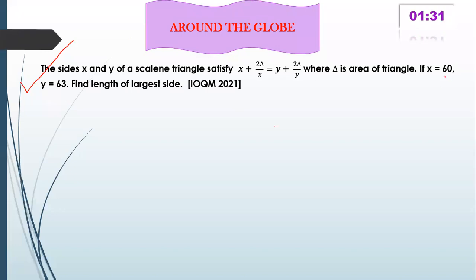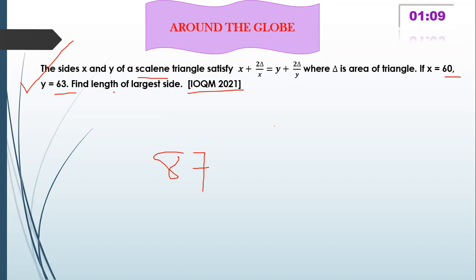See, you are finding x is equal to 60, y is equal to 63. You are given that this is a scalene triangle, IOQM 2021 problem. That means the value of z, the other side, is certainly different from 60 and 63, right? Now if you remember the Pythagorean triplets, then you know it is a right angle triangle with 60, 63 and 87 as its sides.